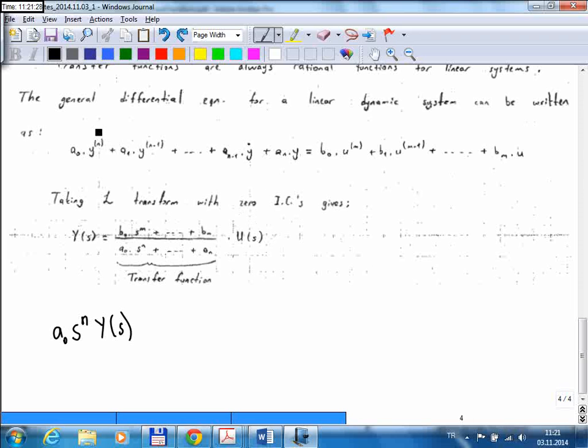the Laplace transform of the first term gives you this part. For the second one, you get a1 times s to the power n minus 1 times the Laplace transform of y. And you can do it for all the other remaining terms, up to a(n-1) times s times Y of s plus an times Y of s.